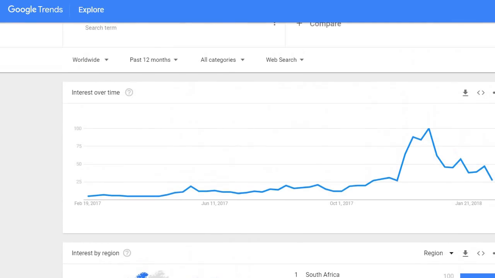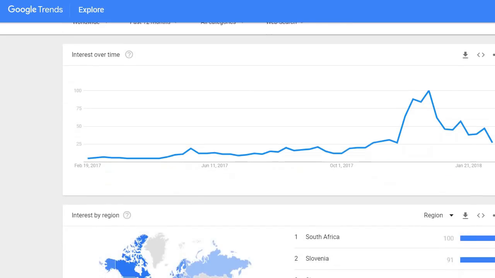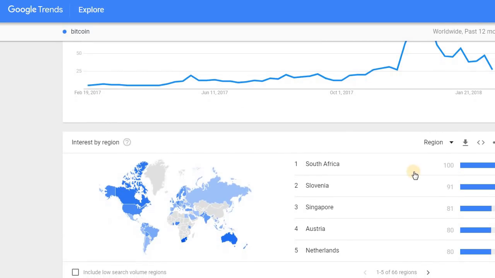Google Trends shows the trend of searches around the world, where people are searching for Bitcoin in their Google search, and it tells you by region which regions are heavily searching for Bitcoin right now. And guess what is number one? South Africa.